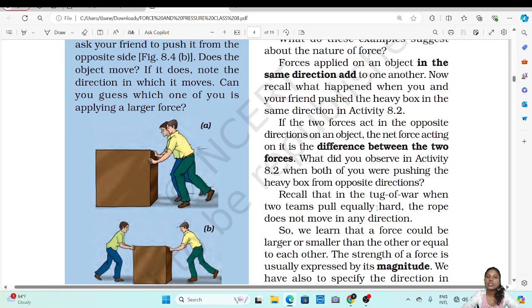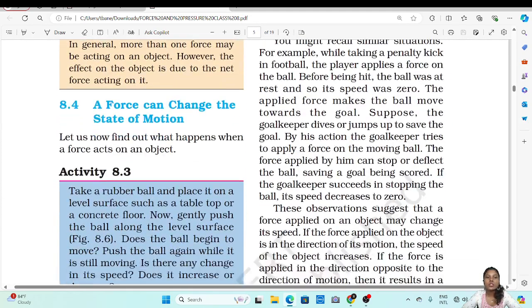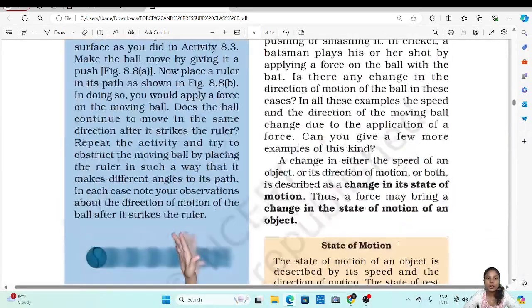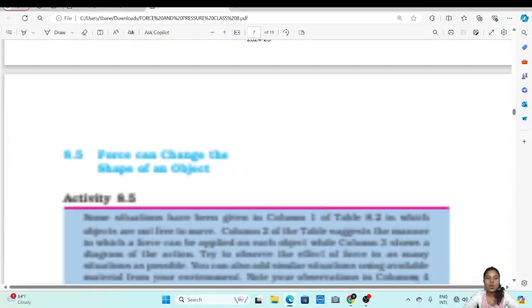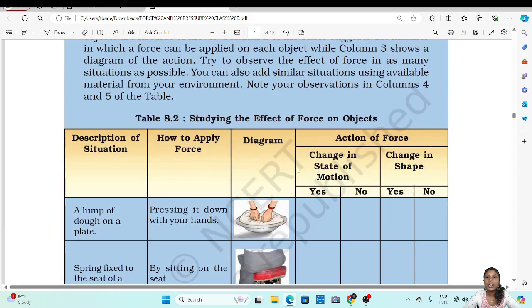At that time the force adds up, but if you apply it in opposite directions, then the net force becomes zero. Then we saw a force can change the state of motion, that is, it can make an object move, also it can change its direction. And lastly, we saw force can change the shape of an object. That is, if you apply some pressure on some things, there is some kind of deformation that will happen in those objects.